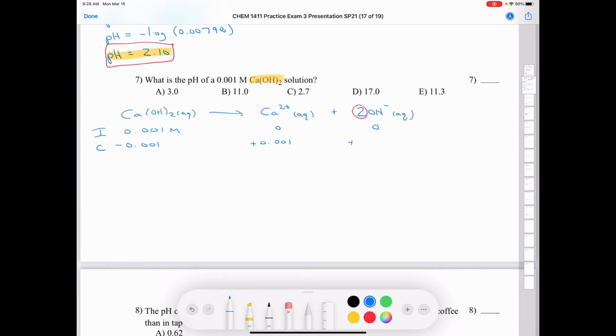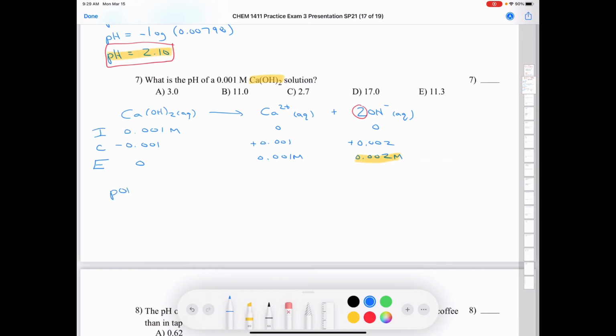So I have plus 0.002 in this case. So at equilibrium, I have none of the calcium hydroxide, but I have 0.001 molar calcium ions, and I have 0.002 molar for the concentration of my hydroxide ions. So if I want to evaluate the pH, first I decided to calculate the pOH using the concentration of hydroxide ions.